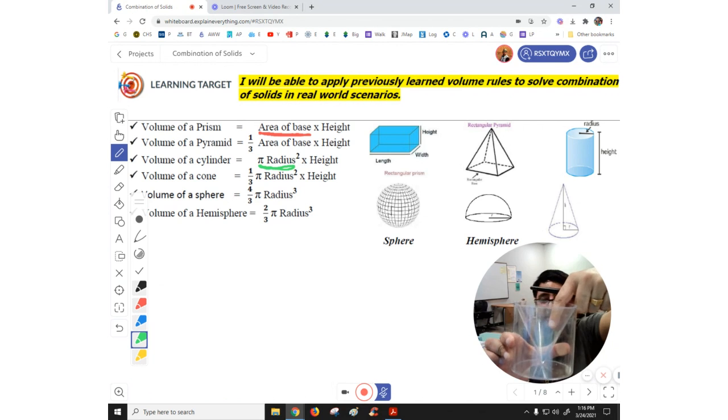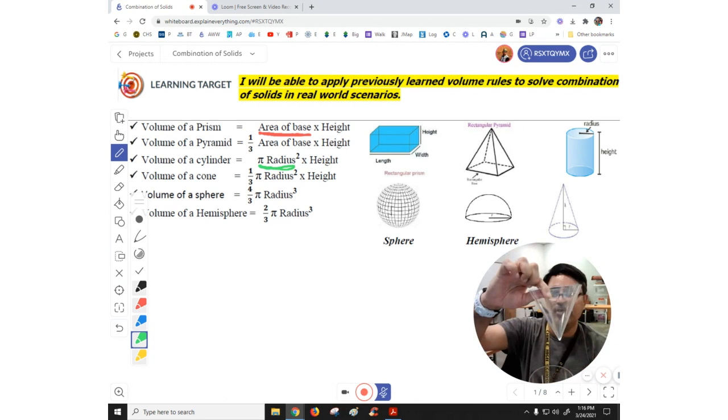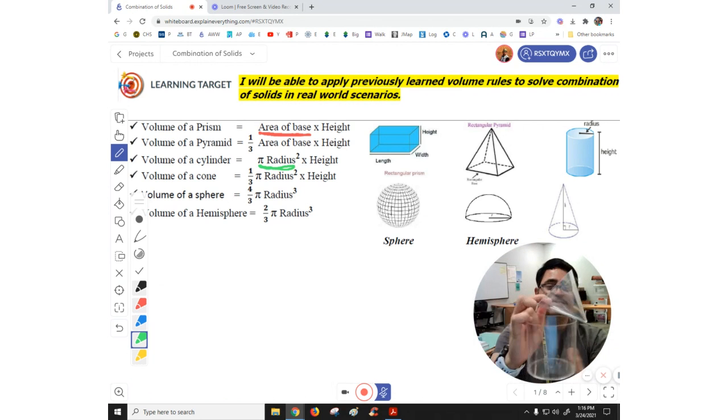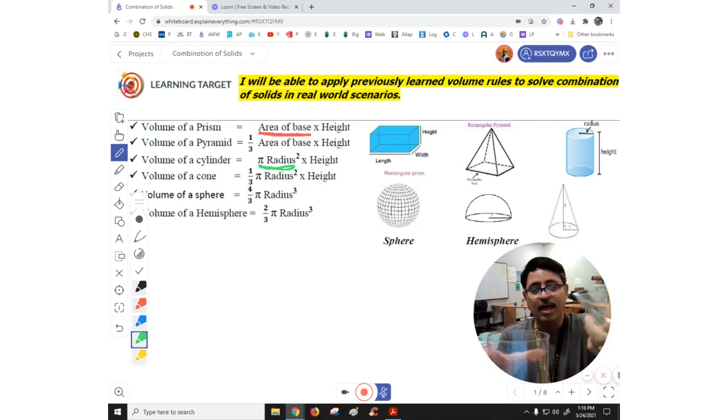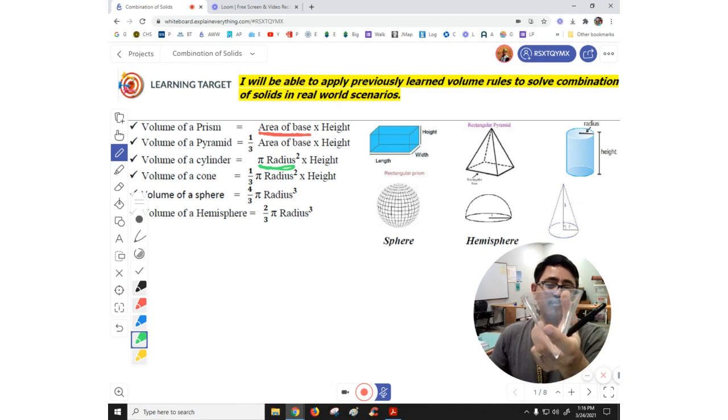If I consider this as three portions, then this is one portion out of three, right? Or else you can experiment: bring some liquid, maybe sand or water, and pour into this one, three times you have to fill it. Therefore, three times the volume of cone equals the volume of the cylinder. I'll say that this is 1/3.